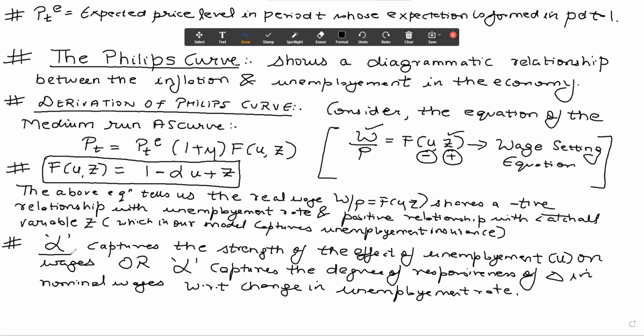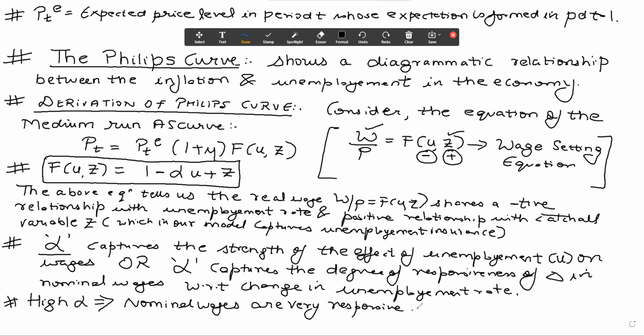If alpha is very high, it means tiny changes in the unemployment rate lead to large changes in nominal wages. So high alpha implies that nominal wages are very responsive to small changes in the unemployment rate.